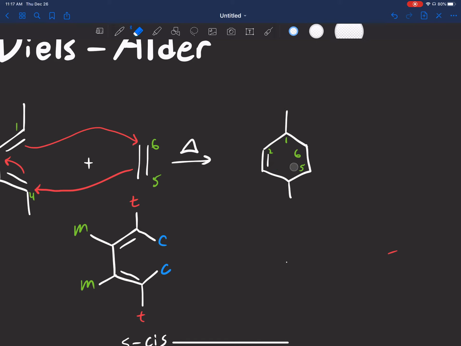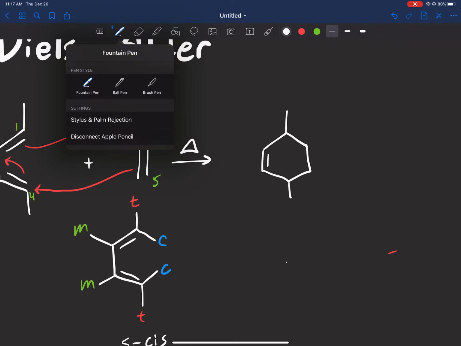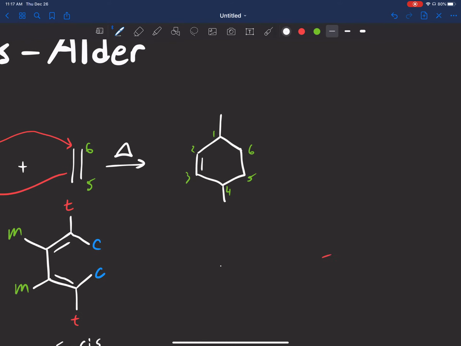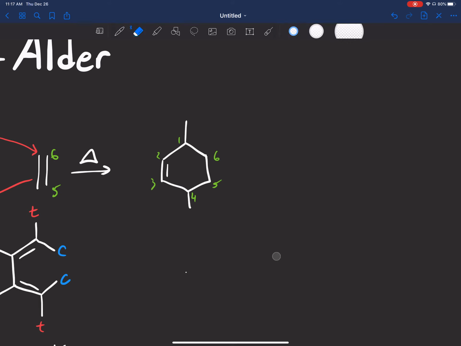All right, let me just clean up the numbering a little bit. So we drew the planar versions, and now let's focus on the stereochem. They're supposed to have the same exact stereochemistry, either both wedged or both dashed. So let's draw that. Let's just make them both wedged.